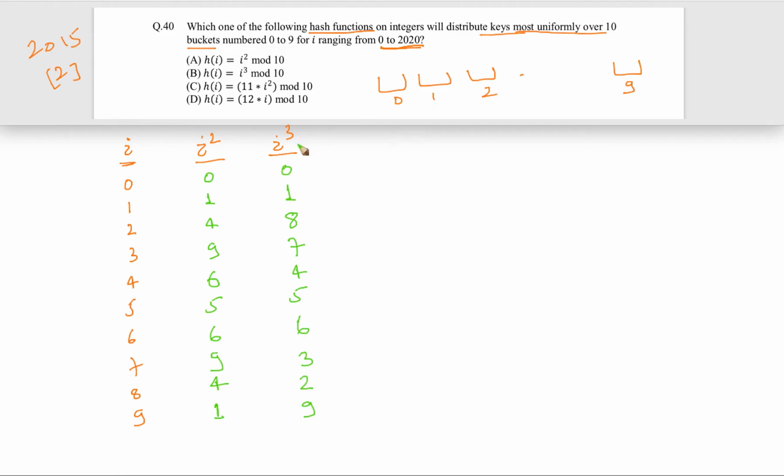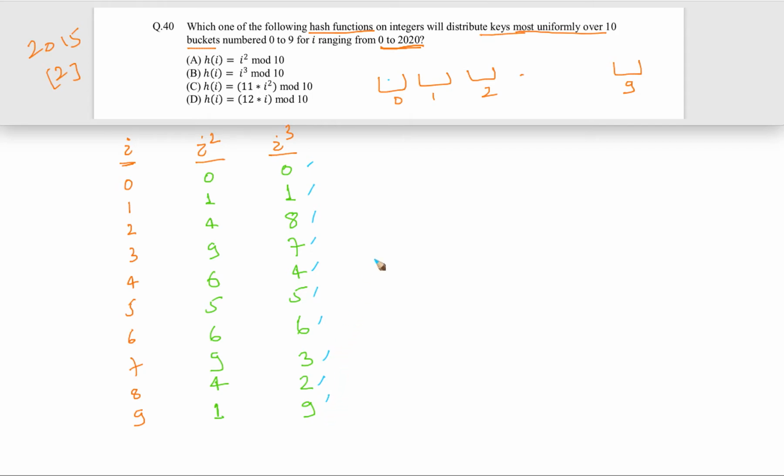Firstly let's see I cube mod 10. Let's start with I equal to 0. This 0 will go here. Then 1, so just check whether it can be filled in this one bucket or not. In bucket 0 it can be filled, in bucket 1 this can be filled, bucket 2, bucket 3, bucket 4, bucket 5, bucket 6, bucket 7, bucket 8, bucket 9.